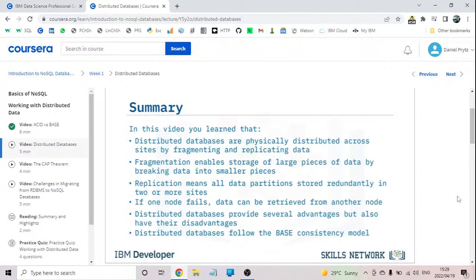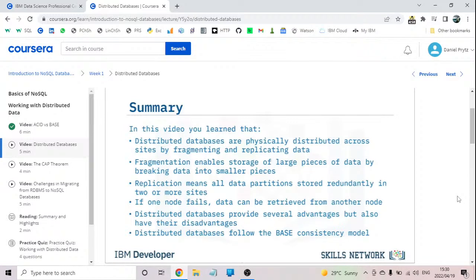Distributed databases provide several advantages, but also have their disadvantages.